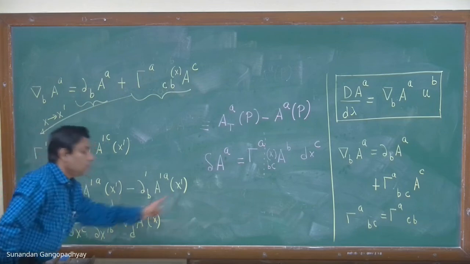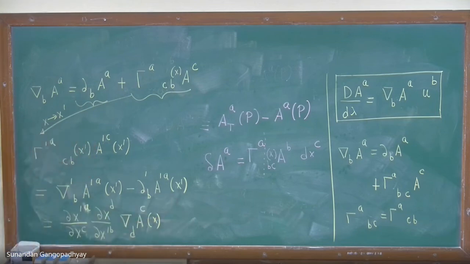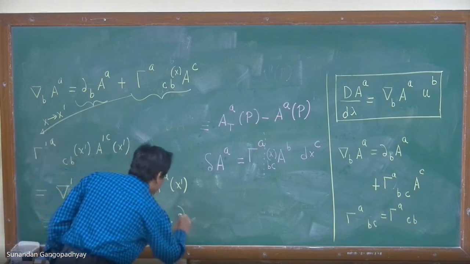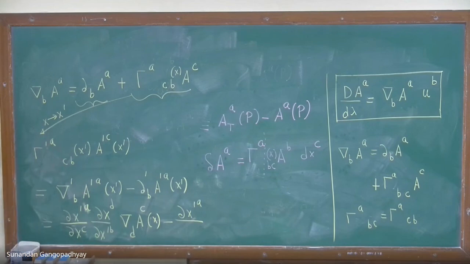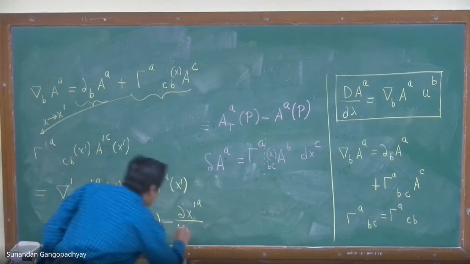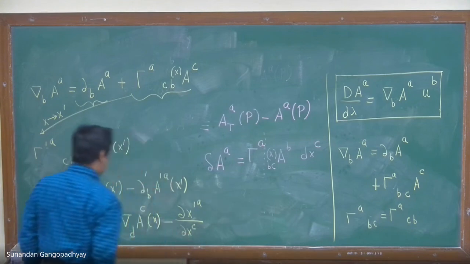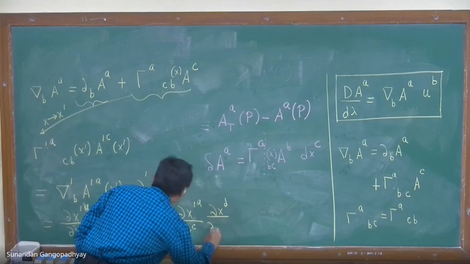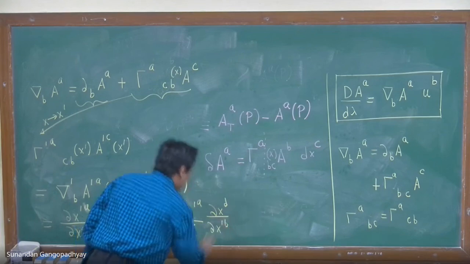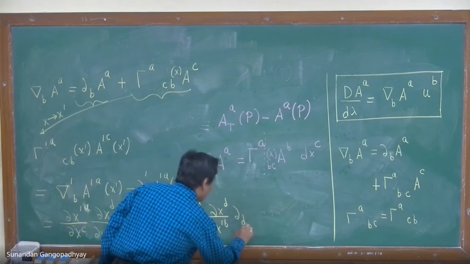And this you already know the transformation property, so you just put it there. So this will be minus del x prime A. Again, I will just look at the indices. I have used C. Okay, del x prime A over del x^C, and then del x^B over del x prime B, del_B.